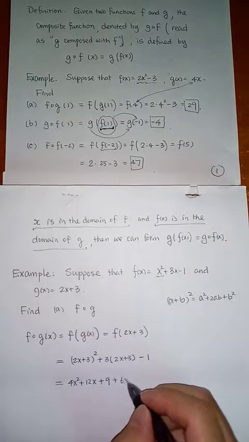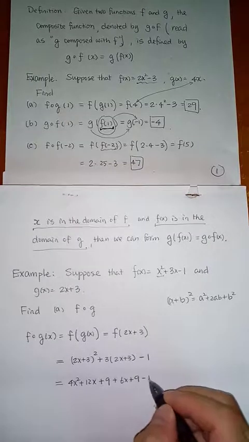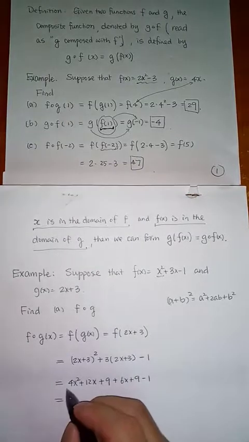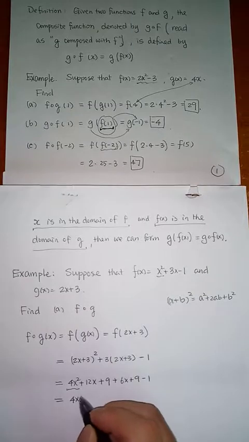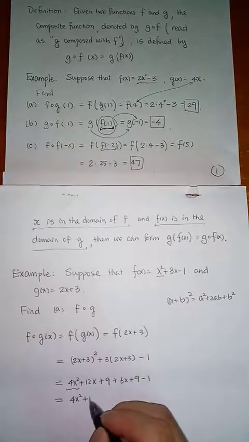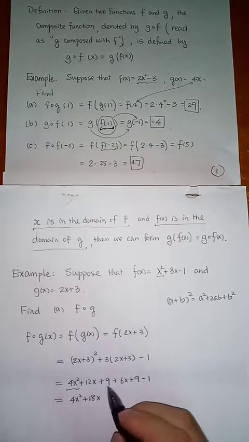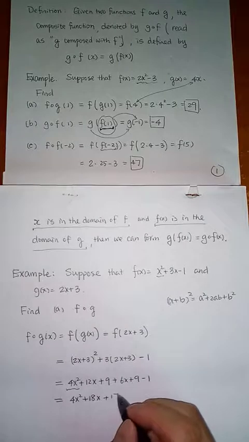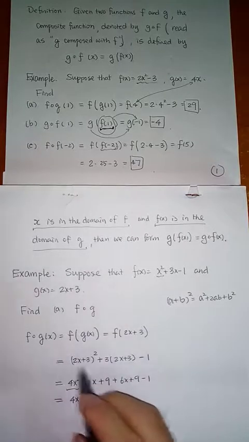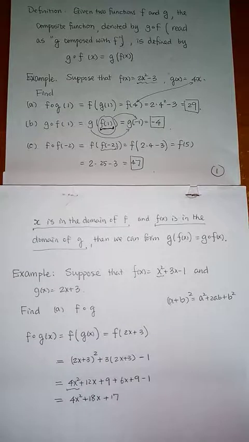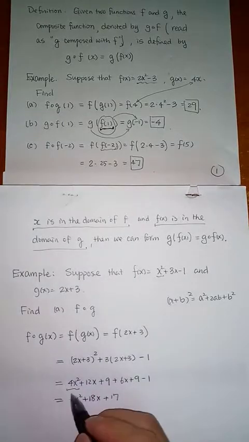Here is a 6x plus 9 and minus 1. So you get 4x squared plus 18x, and 9 minus 1 is plus 8. So this is f composed with g.